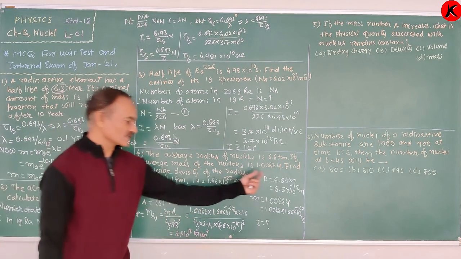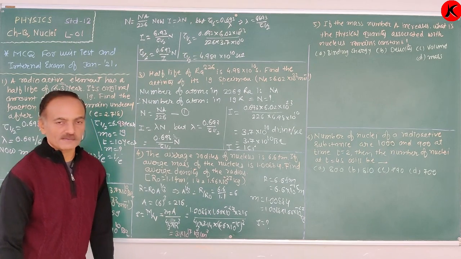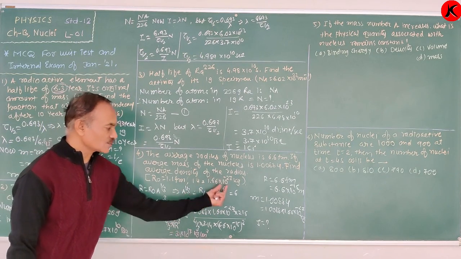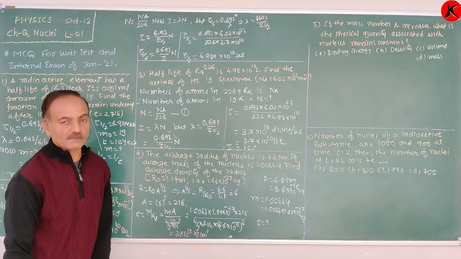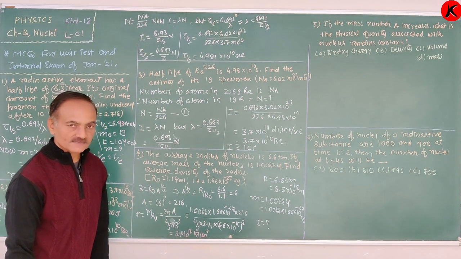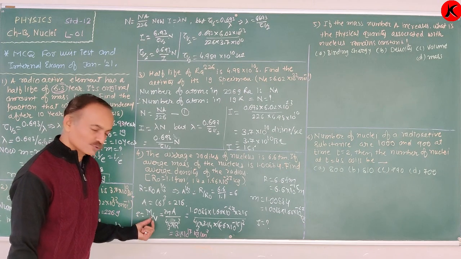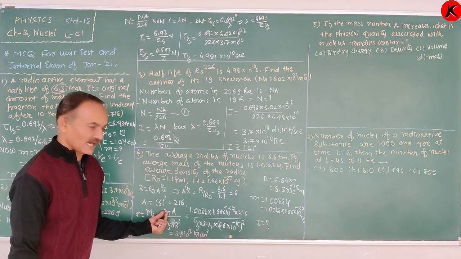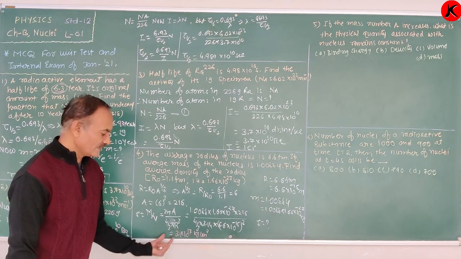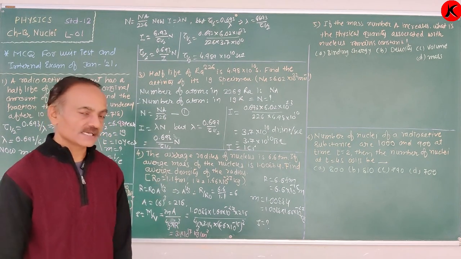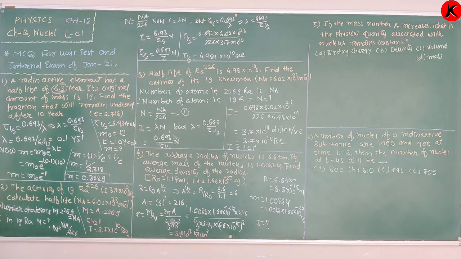R is given 6.6 Fermi upon 1.1 Fermi, so only 6. Therefore, A is equal to 216. Number of nuclei is 216. Therefore, density is equal to total mass upon volume, m into A upon 4 by 3 pi r cube. Substituting the values, we obtain the density 3 into 10 to the power 17 kg per meter cube.